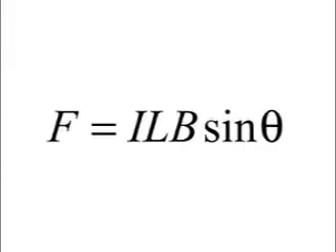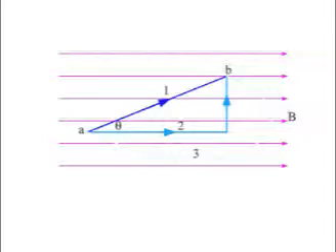The sine theta piece is important. There is a theta shown right here. Is this the theta that's in the equation? Well, let's see. The theta in the equation is the angle between the current direction and the field. So for wire 1, that is theta, isn't it? That is the same theta that's in our equation, right?